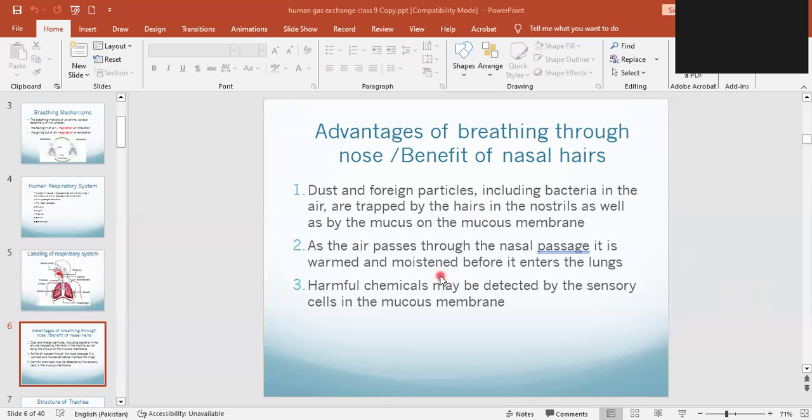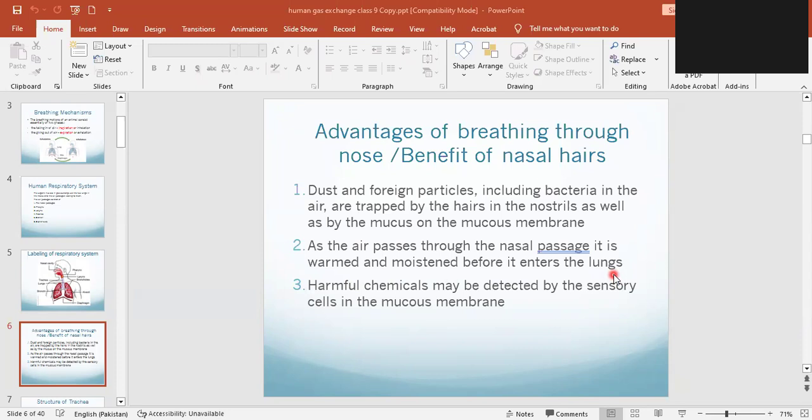Another benefit of nasal hair is that it keeps the air warm and moist. If the air is warm, matching my body temperature, and is moist, the diffusion rate of the gases into the lungs would be much quicker, because the alveoli have a moist layer.